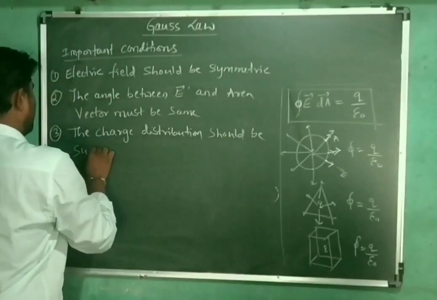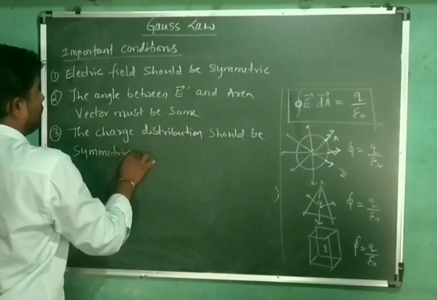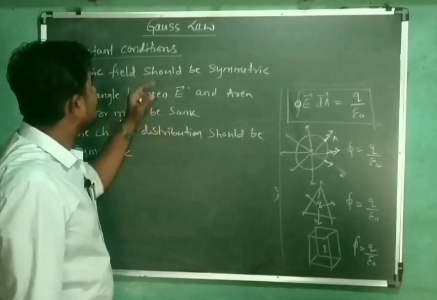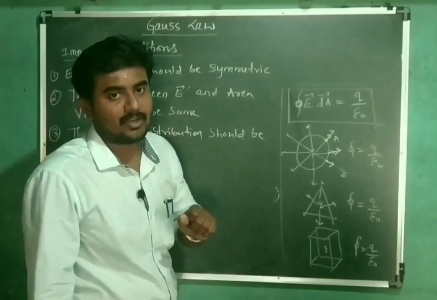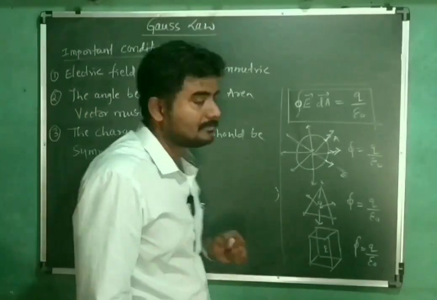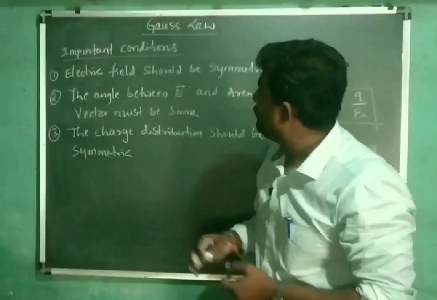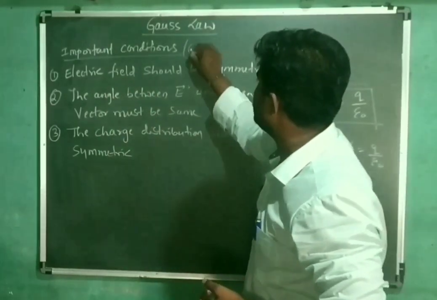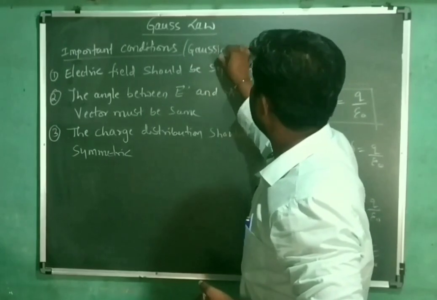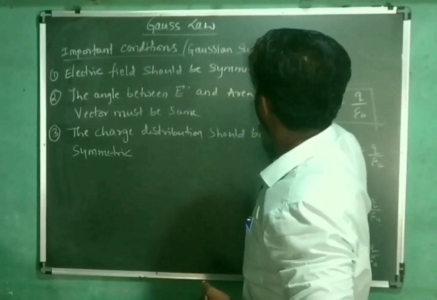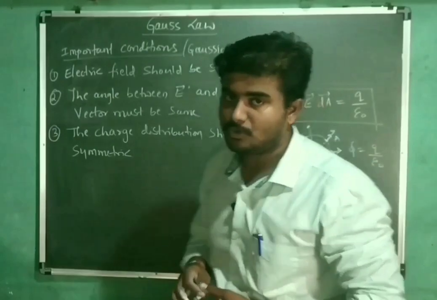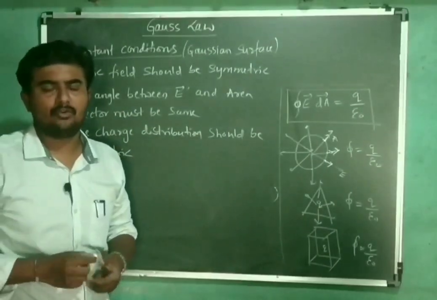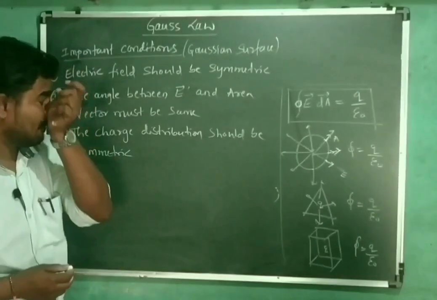If all these points are valid, then we can easily calculate the electric flux. And if all these conditions are satisfied, then that surface is also called a Gaussian surface. Gaussian surface is just an imaginary surface in order to help us find out the electric flux or electric field.